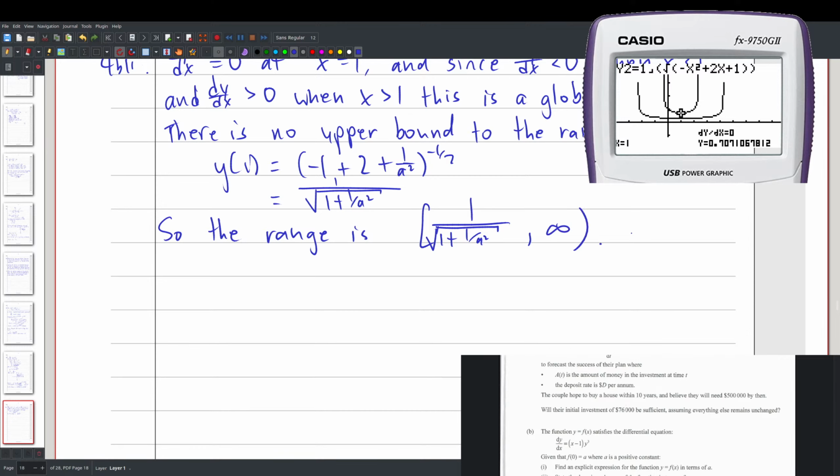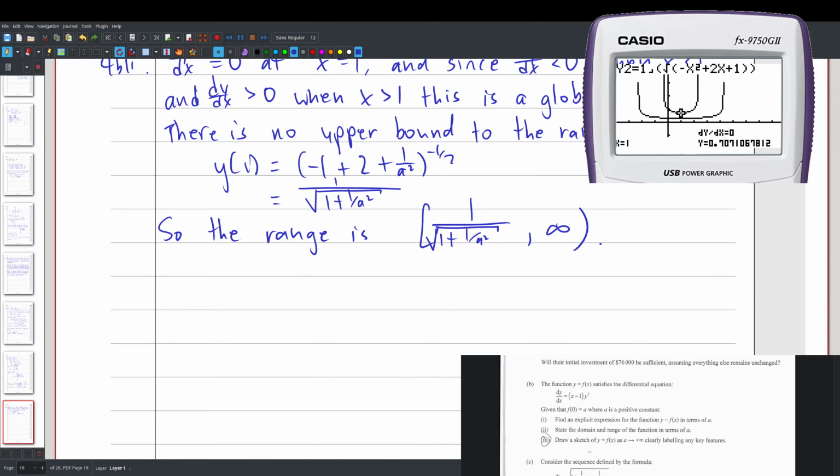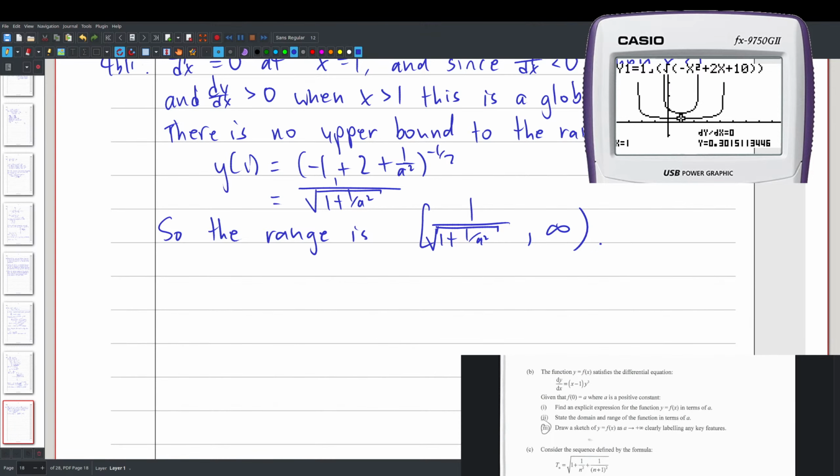So the range is 1 on the square root of 1 plus 1 on a squared, to infinity. Okay, it's probably correct. It seems correct based on, like, we calculated observations, but those are always a bit sus.